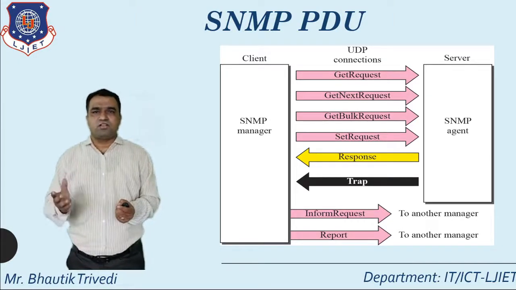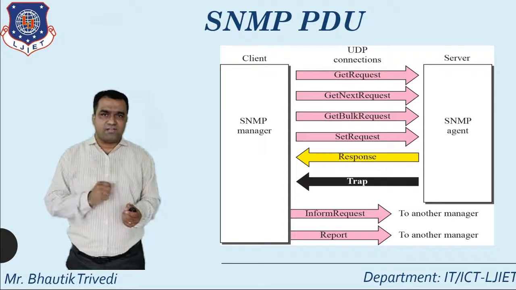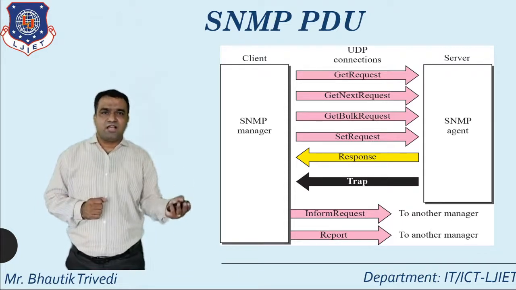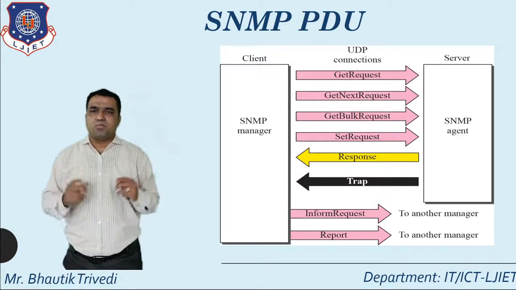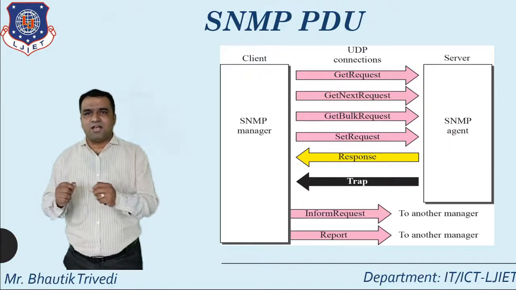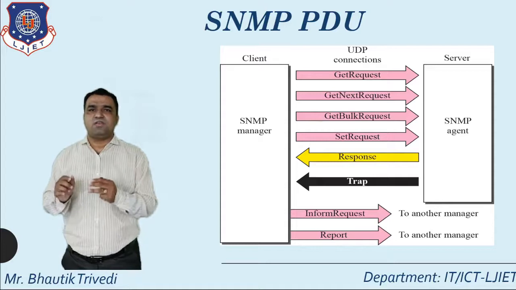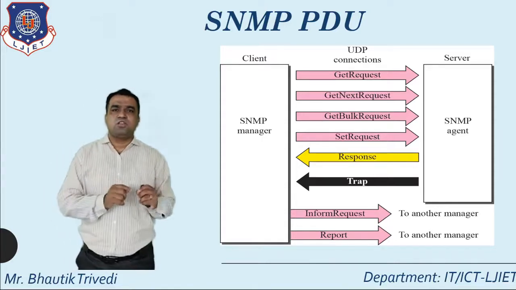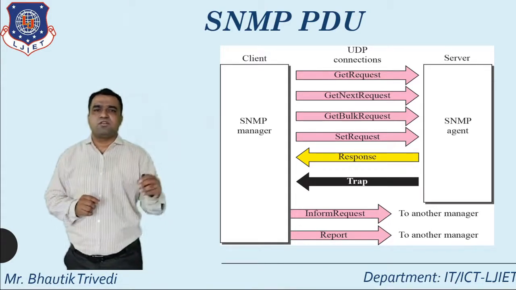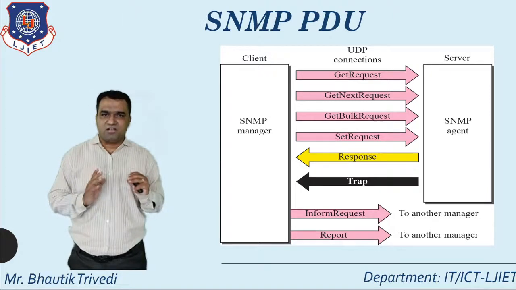After whatever request is sent by the client, the server generates a response. What is the meaning of client here? The client can be treated as the SNMP manager. And what is the meaning of server? The server can be treated as the SNMP agent.